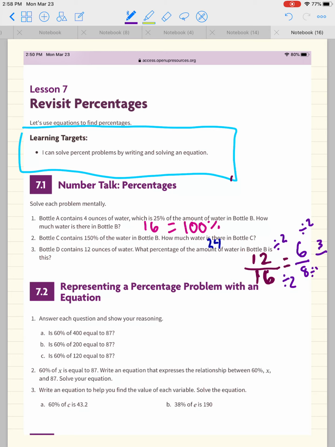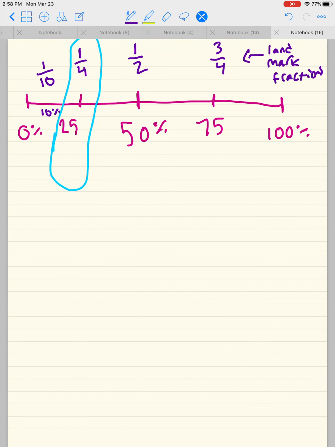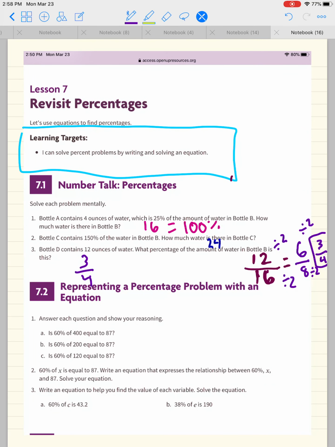So 6 divided by 2 is 3, and 8 divided by 2 is 4. Now, right here, 3/4, that is a landmark fraction. So if you look back at our timeline, 3/4 is equal to 75%. So the answer to C is 75%.